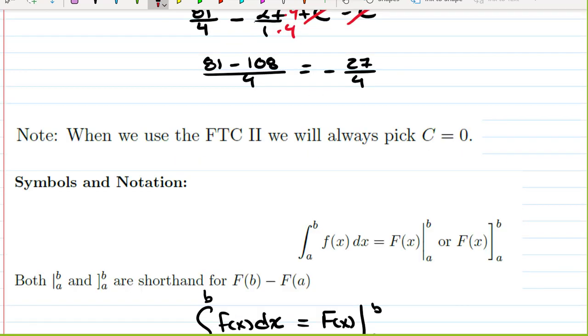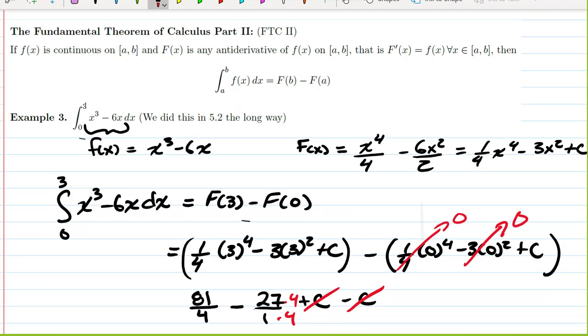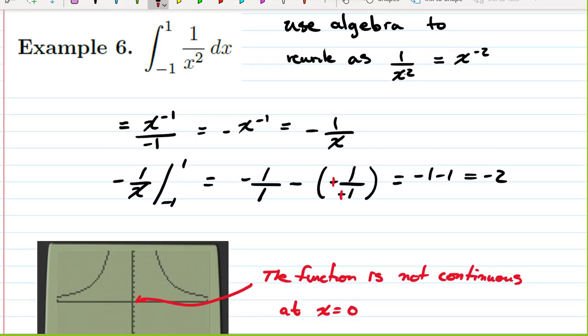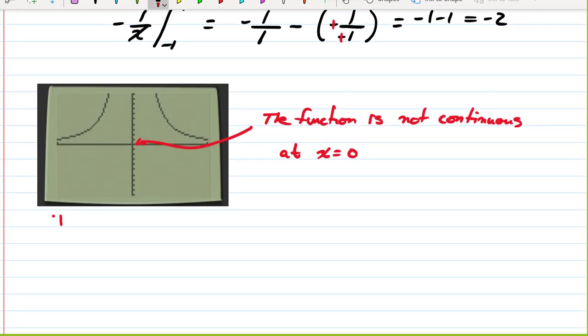So we go back to the very beginning, and the fundamental theorem of calculus part 2 says if f of x is continuous on [a, b] and we have an antiderivative, then this is true. So the reason this gave us a lie for the answer is the fundamental theorem of calculus did not apply.